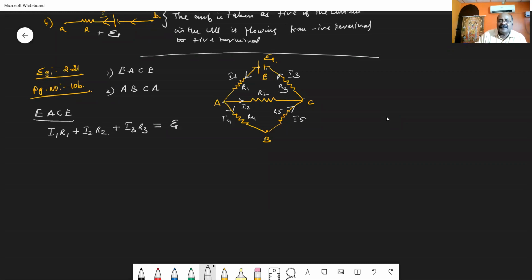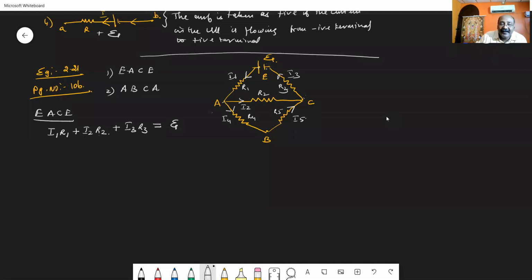So the EMF is positive. So by applying Kirchhoff's rule for EACE, the equation that I am getting is I1 R1 plus I2 R2 plus I3 R3 is equal to E.